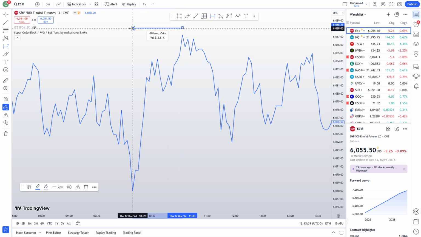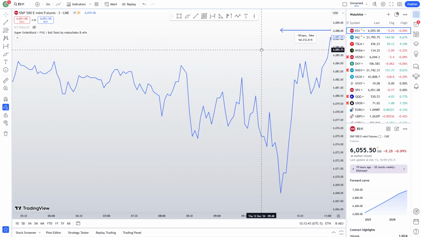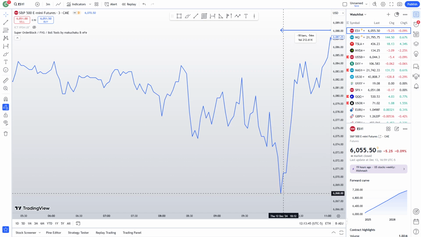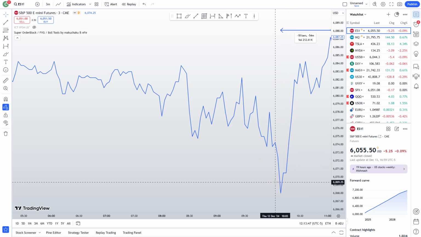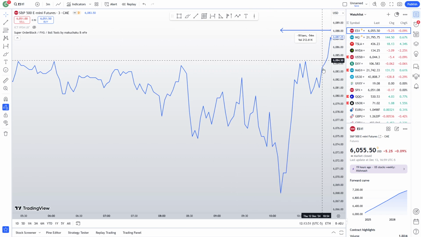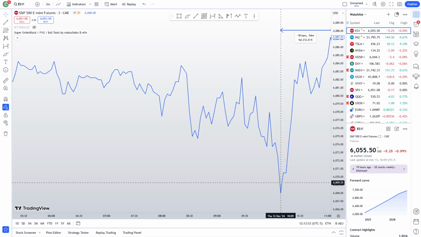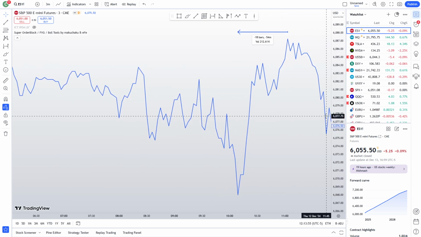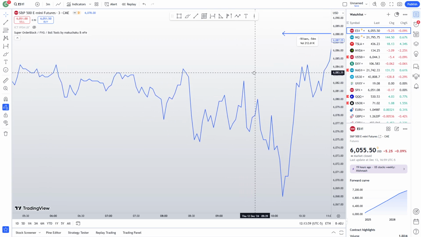So you want to remember that if you're here in price, this is all you have for reference points and for data. This is the only thing you can refer to. You can't refer to the future because it doesn't exist yet. It only has this stuff available.